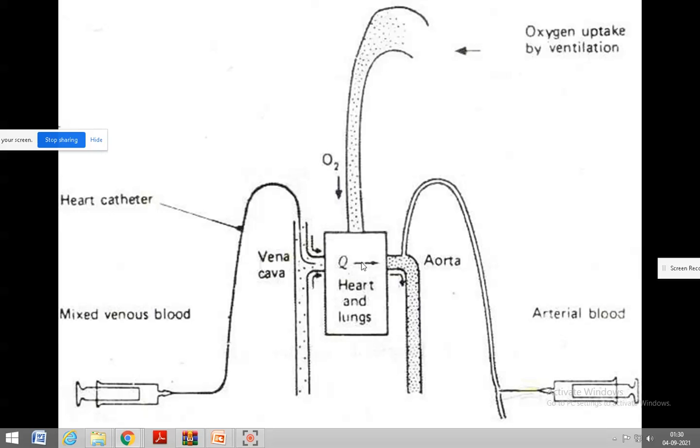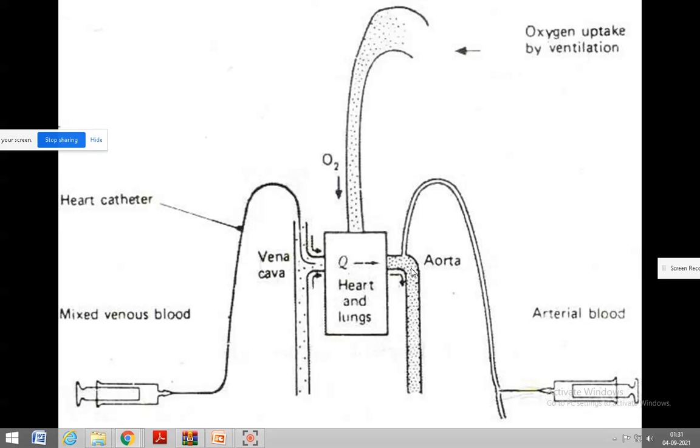You will be collecting the impure blood from all parts of the body, and that will be sent to the lungs for purifying it, where oxidation will be done. That is nothing but oxygen being added to the blood.